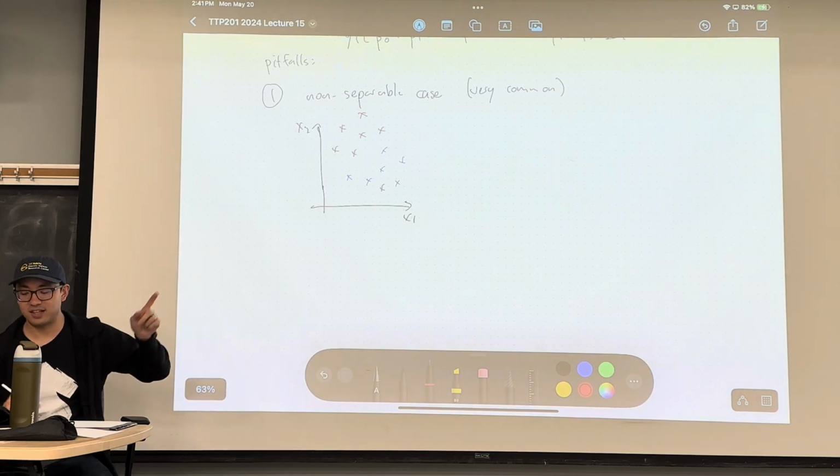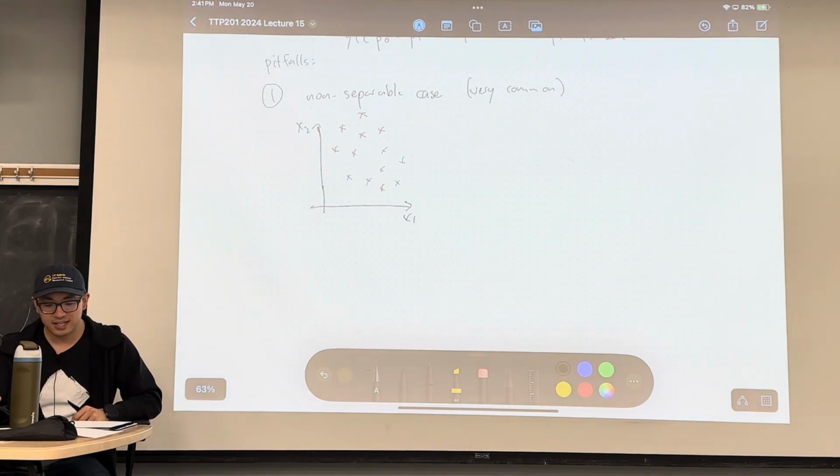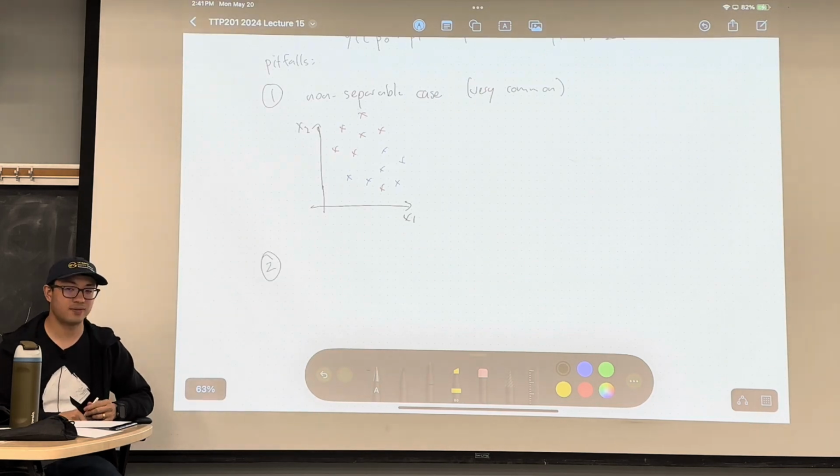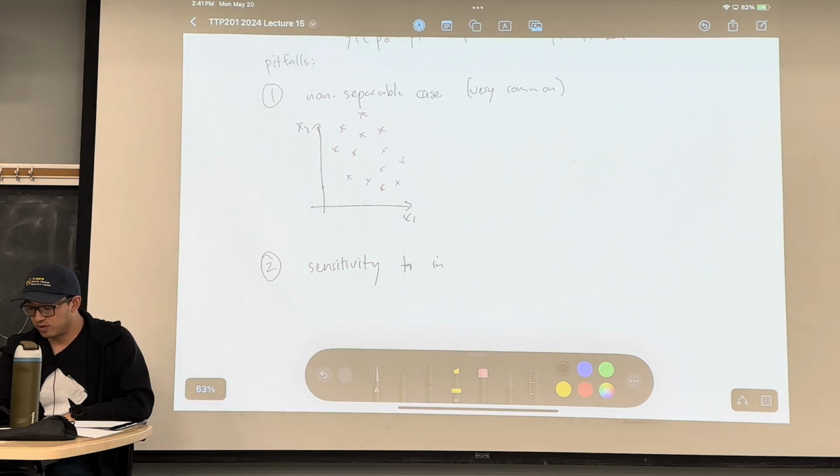There's one other thing that I want to bring up, and this one is slightly less obvious: sensitivity to individual observations.